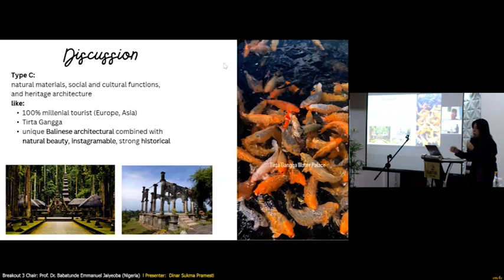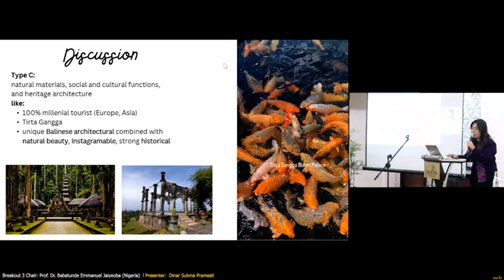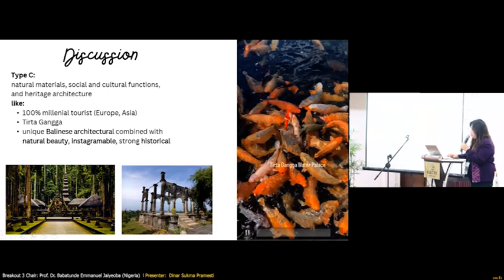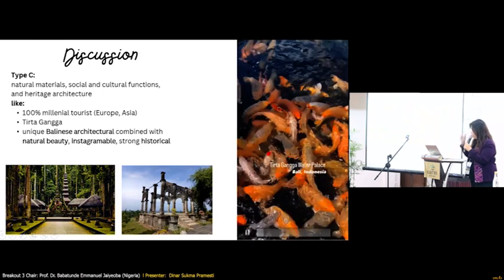The function is social and cultural, and this is heritage architecture. 100% of millennial tourists like this type, and the most favorite is Tirta Gangga. Why do they like it? Because of the unique Balinese architecture combined with natural beauty, also Instagrammable, and strong historical value. This is Tirta Gangga Palace, a hotel palace.